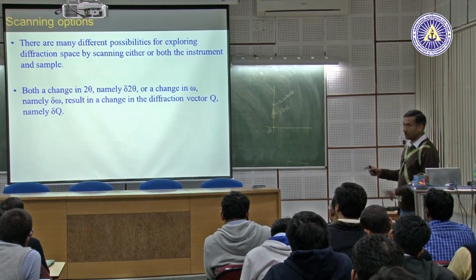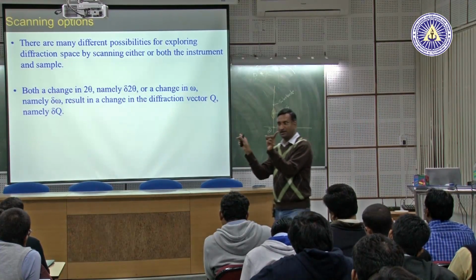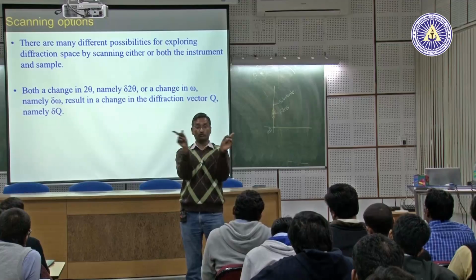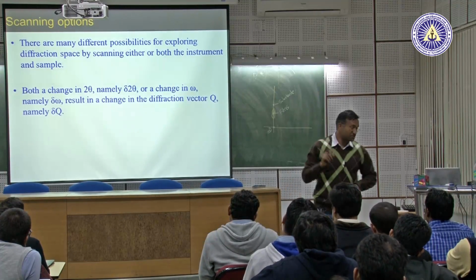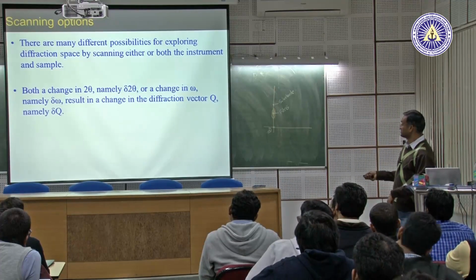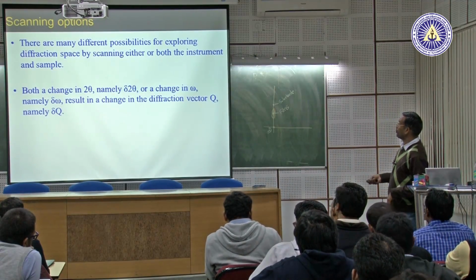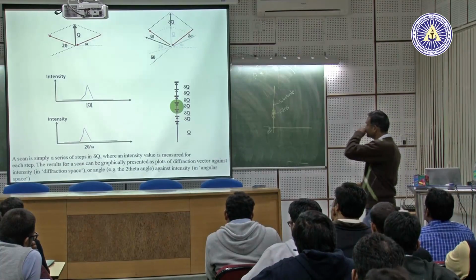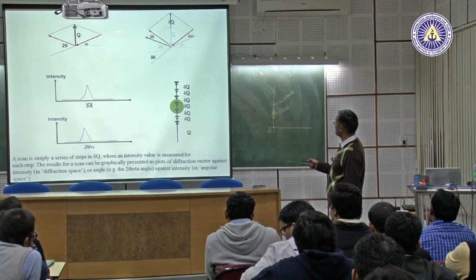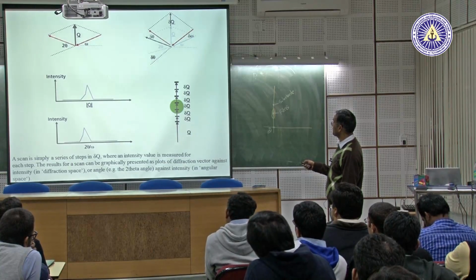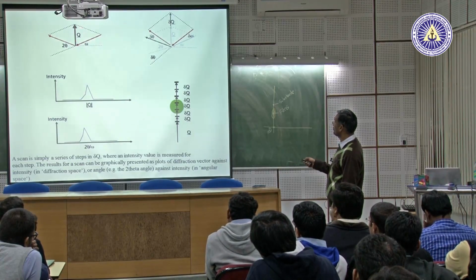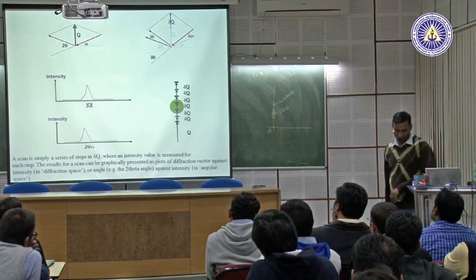The moment you change theta and omega, remember in the reciprocal space you will also change the q vector, and you are basically looking at the change in the q vector by employing these changes, which is nothing but delta q. So for instance, you have this perfect picture here, you have a particular omega for which you have a particular 2 theta, and this is the q vector for a very specific q spot.